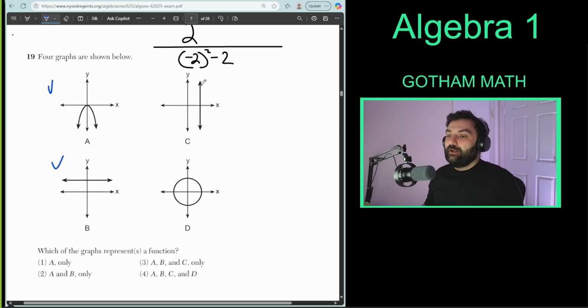What about a vertical line? No, the vertical line unfortunately is not a function. I mean, why unfortunately? It's just not a function. And a circle is also not a function. It doesn't pass a vertical line test. So a vertical line will hit your circle more than once. So the answer is just A and B. The answer is 2.